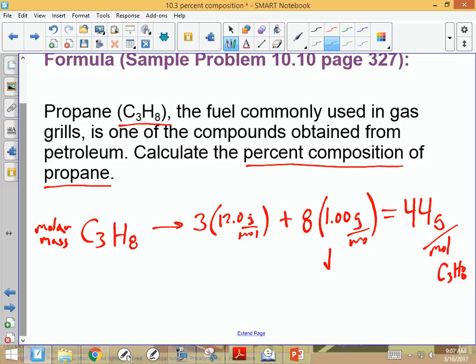Also in here, we have calculated the molar mass of the hydrogen, right? And the carbon separately. The molar mass of carbon is just this bit right here, 36.0 grams per mole. And the molar mass of the hydrogen is 8.00 grams per mole of hydrogen.